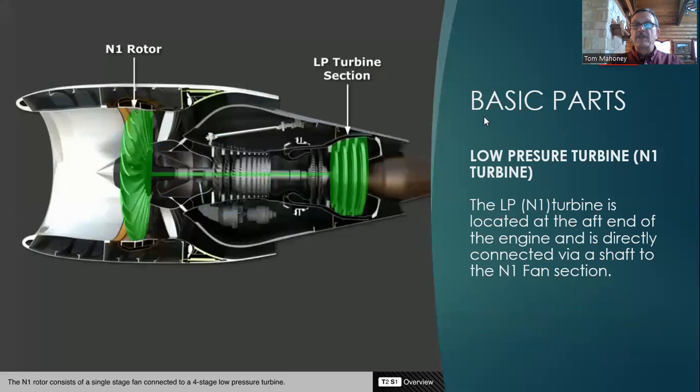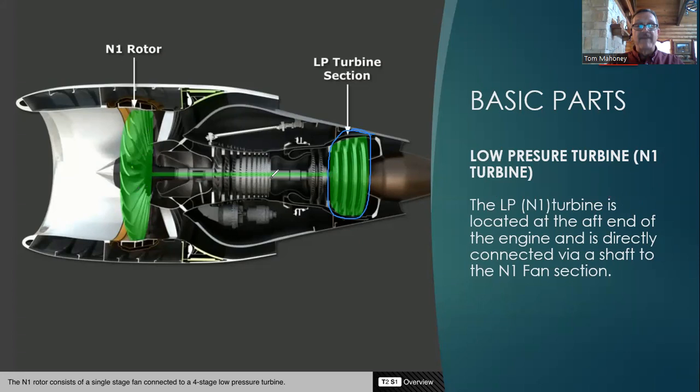Continuing with basic parts, we have the low pressure turbine, which I refer to as the N1 turbine. It is located right here. The N1 turbine is what turns the fan up in the front.